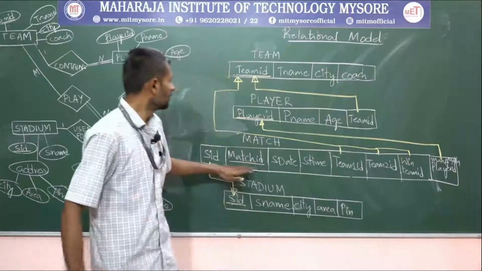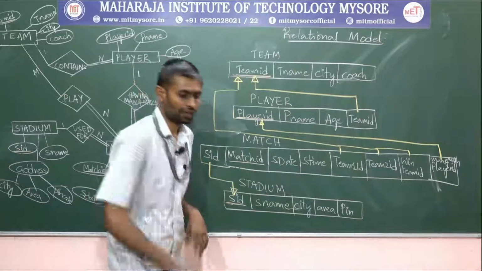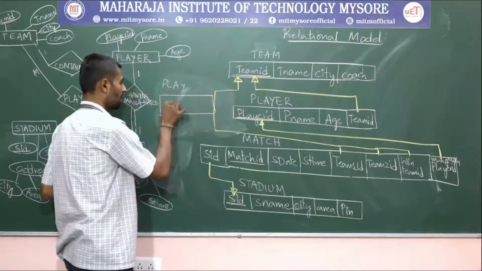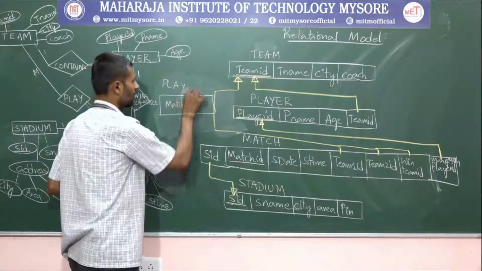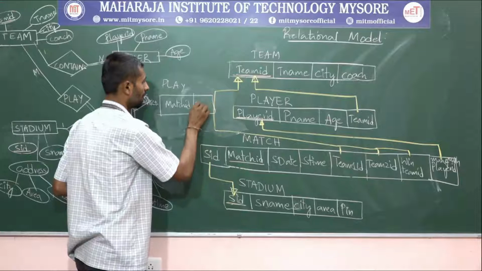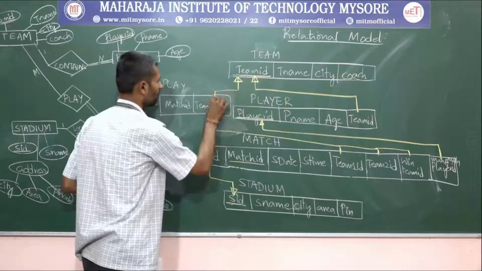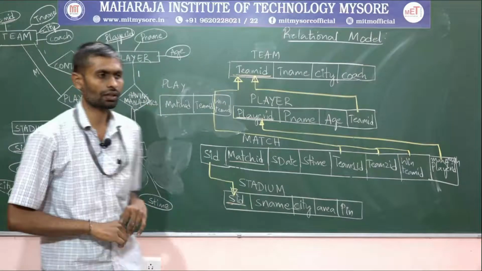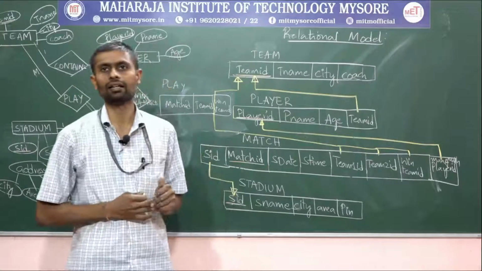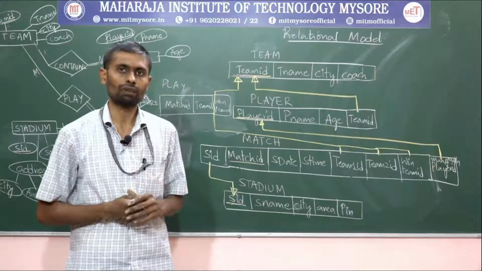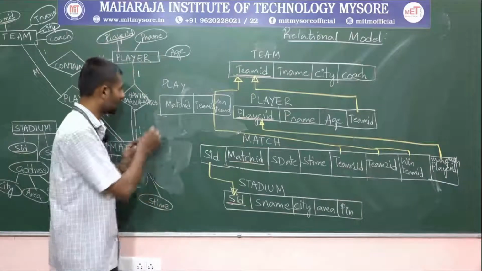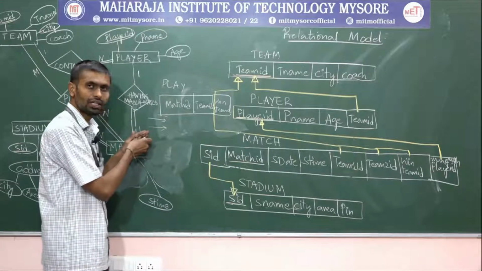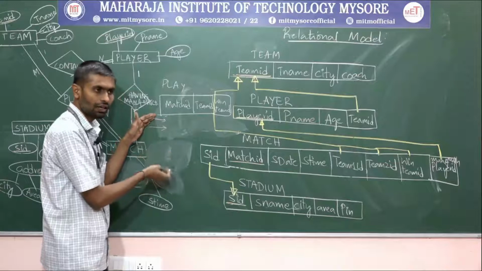Suppose in the earlier design, what we did in play, there we recorded match ID and team ID, then win team ID. When I say match 1 was played between which two teams, when I want to get the data, then every time, let's say if I have 100 tuples, that comparison is going to happen with each and every tuple.